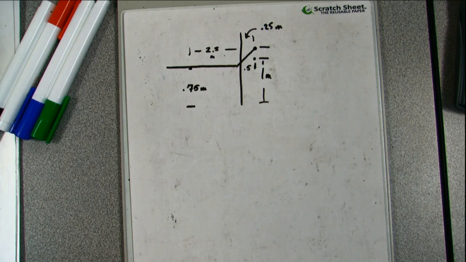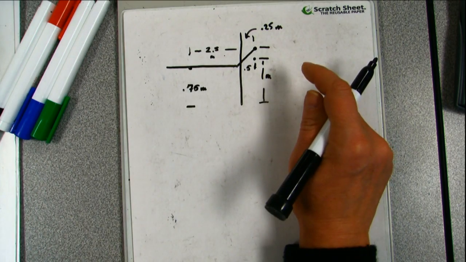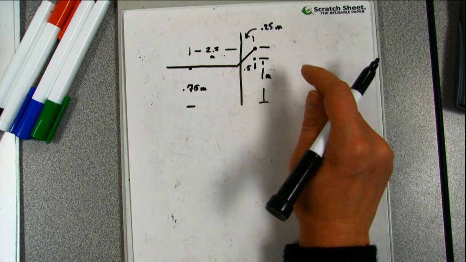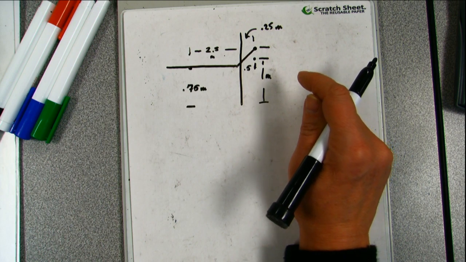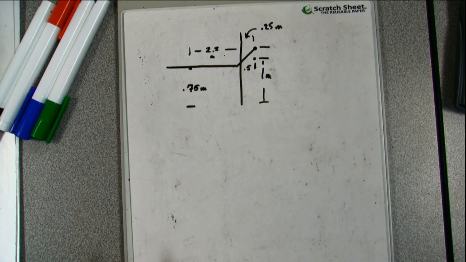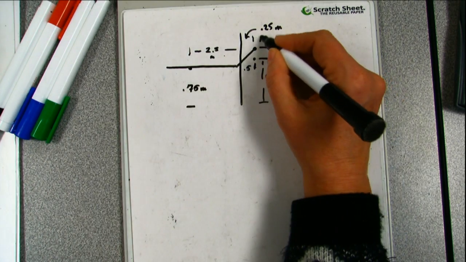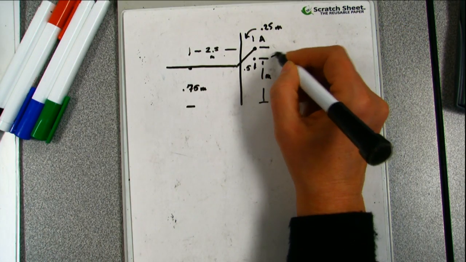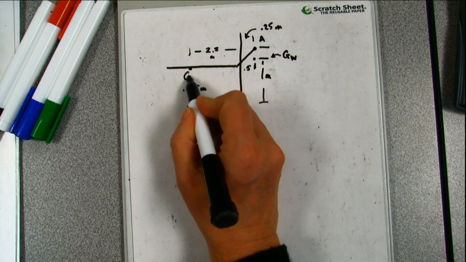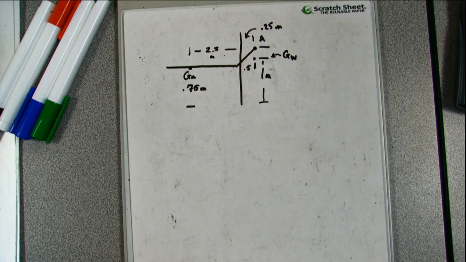And I do have that 2.5, okay, 2.5, all right. And I don't think we actually need this height, and I'll show you why here in a second. So this is point A. This is the location for the counterweight. This is the location for the gate.